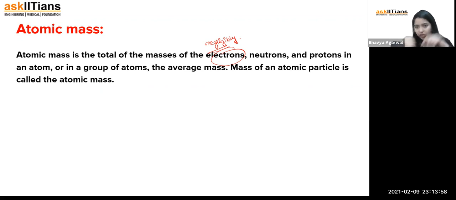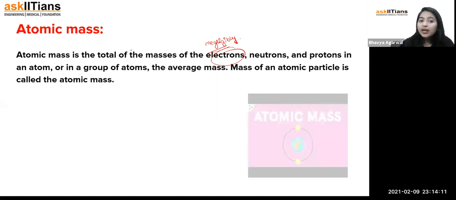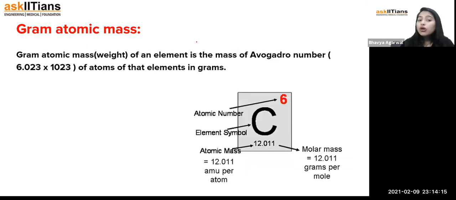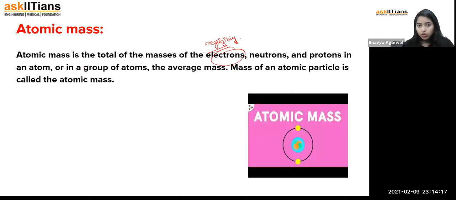You cannot have half a neutron or a quarter of a proton. So why am I getting that? The answer lies in something known as the relative mass.